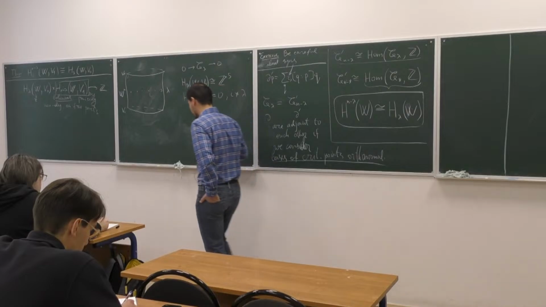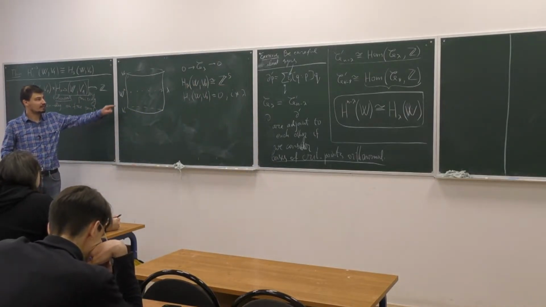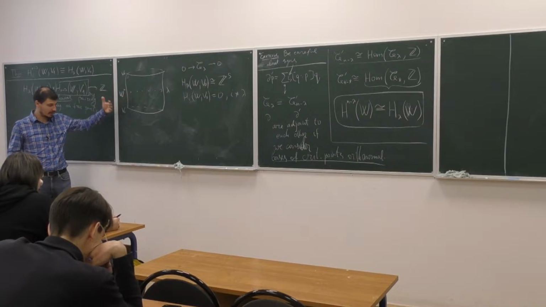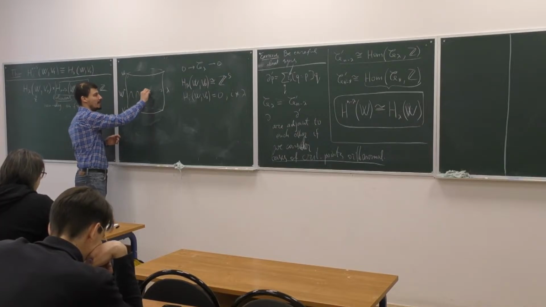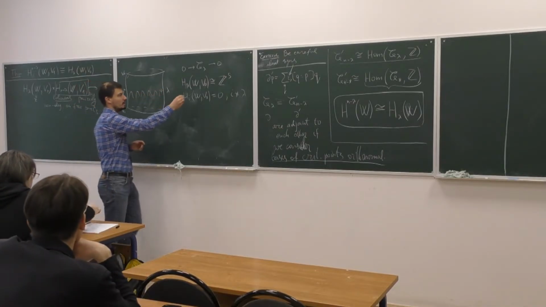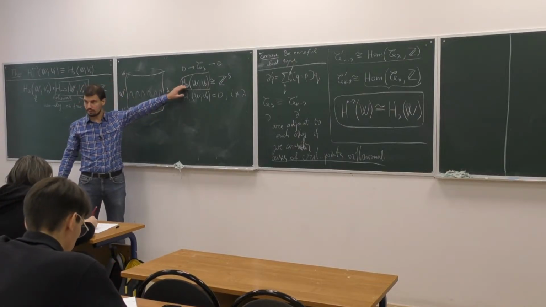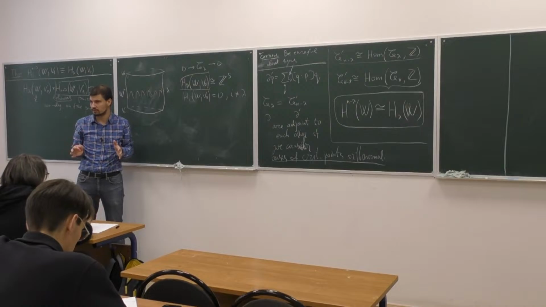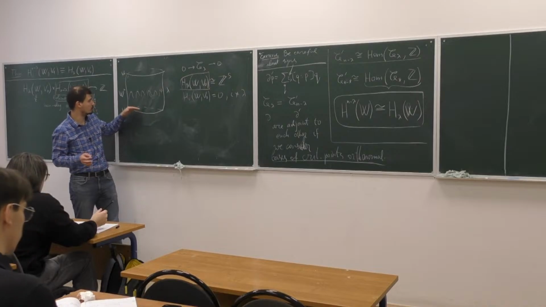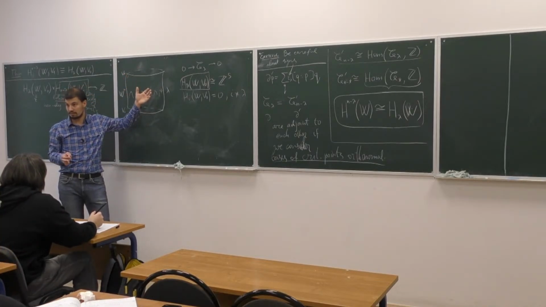What do we want? We have these left-hand disks, which provide a basis for this group. But this homology group is completely independent of the Morse function. It depends only on this triple (W, V0, V1).